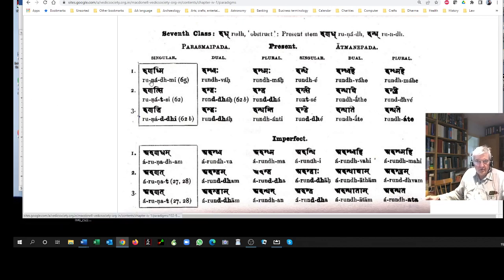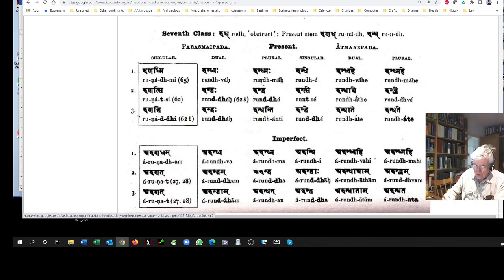So in the strong or stressed form, you add in this infix na, and in the weak unstressed form, it's not na, it's just the n on its own. So rundhva, rundha, and so on. Rundhanti, atmanepada rundhe.